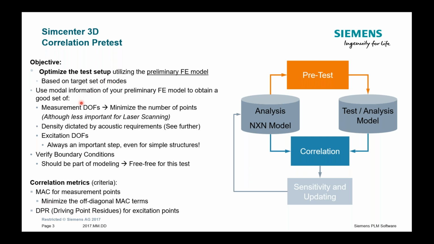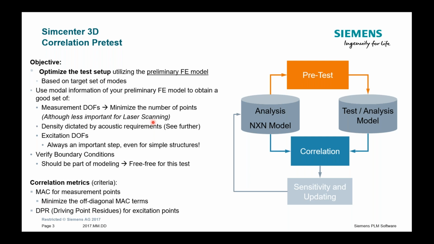And so in the case of accelerometers, or, I guess, most cases, we want to minimize the number of points. That becomes less critical for laser scanning, because we can very efficiently scan many points. With accelerometers, of course, you have to position those, and you've got cables and things, and the complexity of the test setup goes up exponentially.